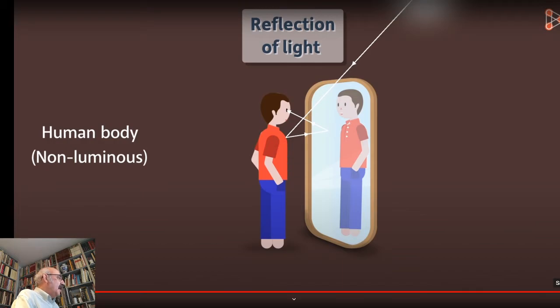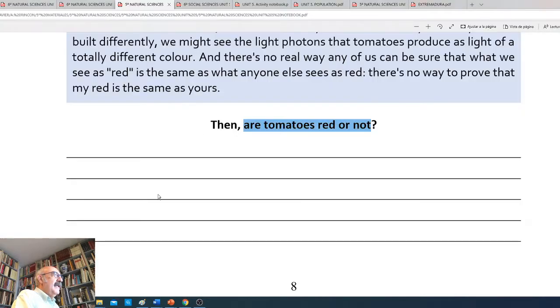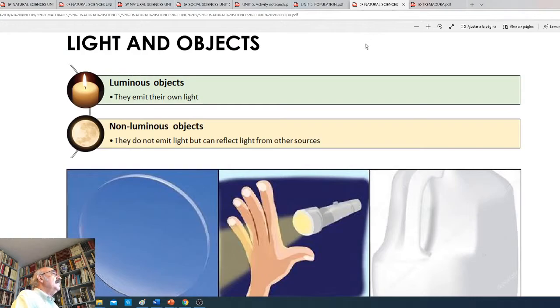Very good. Now, please, let's go back to our text. So, light and objects. You know about luminous objects: they emit their own light. So this is a candle. Other examples could be the sun, stars, fire, or a light bulb.